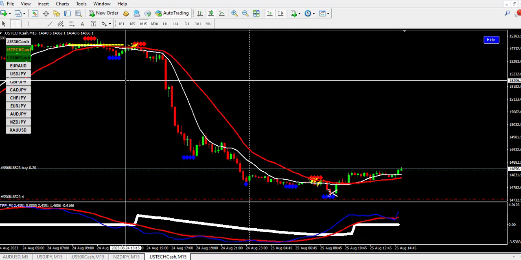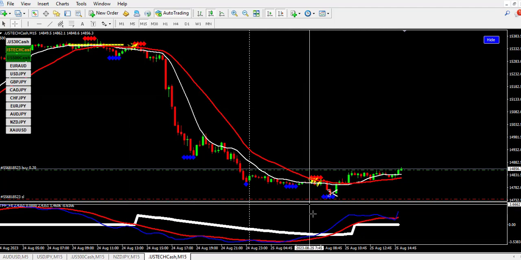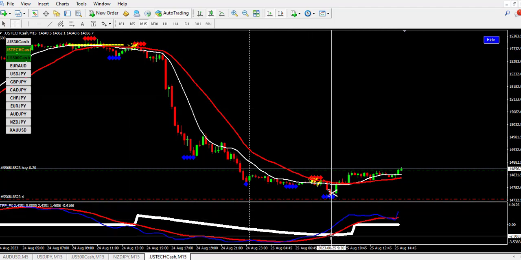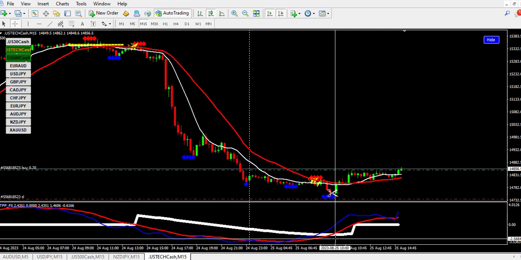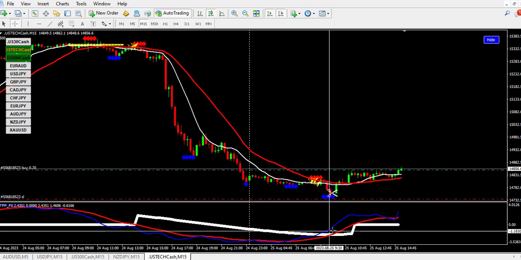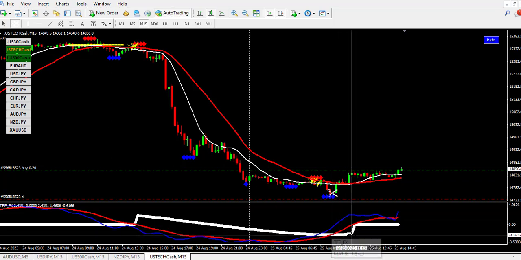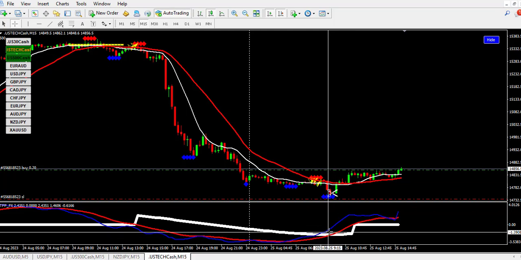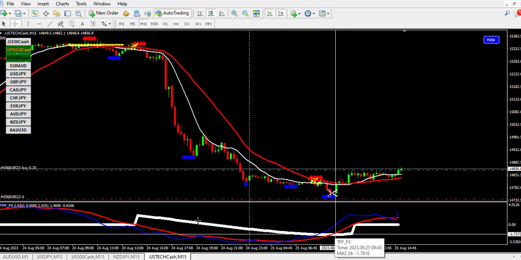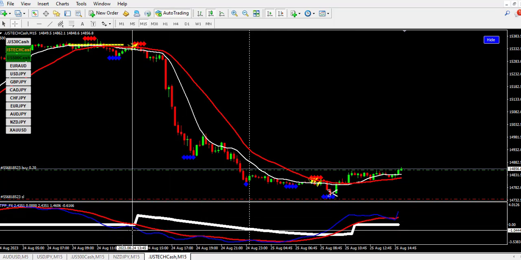This is just the simple way to use this. And the indicator I have in the indicator window is the TFF indicator, and these two lines, the blue and the red line, must be above this thick white line for a buy and below it for a sell.